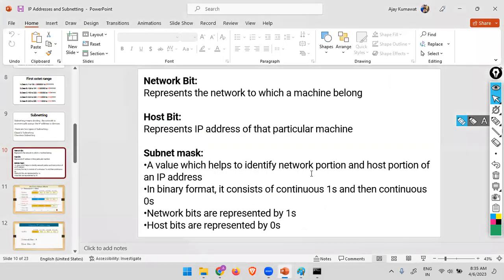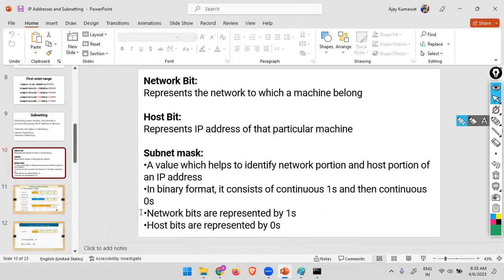So what is a subnet mask? A value which helps to identify the network portion and host portion of an IP address. In binary format, it consists of continuous ones and then continuous zeros. So all the ones on the left, all the zeros on the right. Network bits are represented by ones and host bits are represented by zeros.